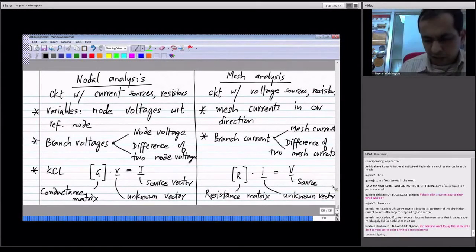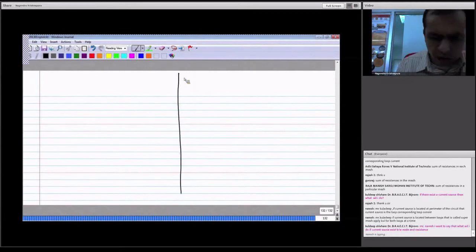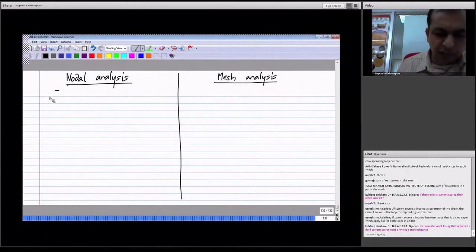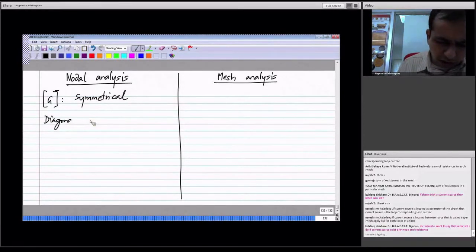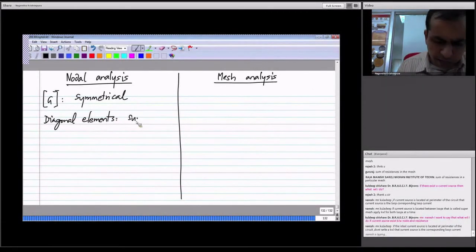And continuing the comparison, the conductance matrix G has, first of all, it is symmetrical, and it has diagonal elements which are the sum of conductances, and off diagonal elements.